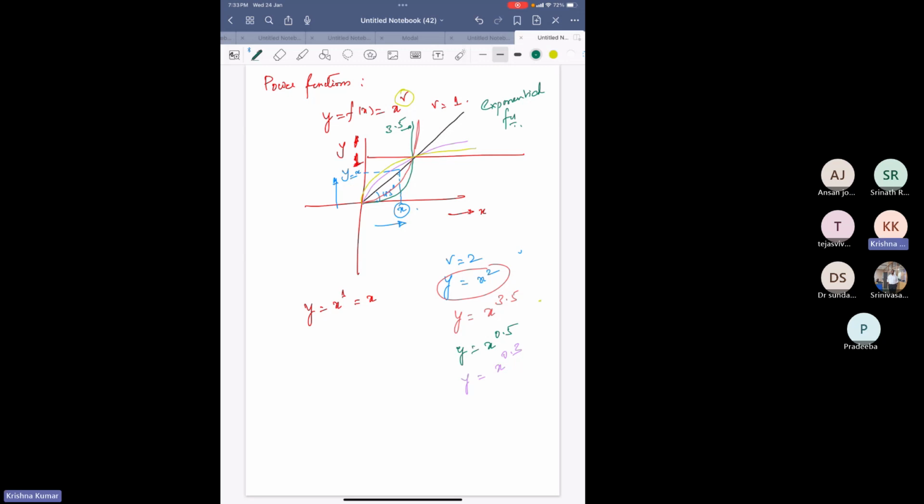So look at this. Look at 3.5. It rises slowly, but it hits at some point and just goes off. Can someone tell me what is the x value at this point where every curve meets?